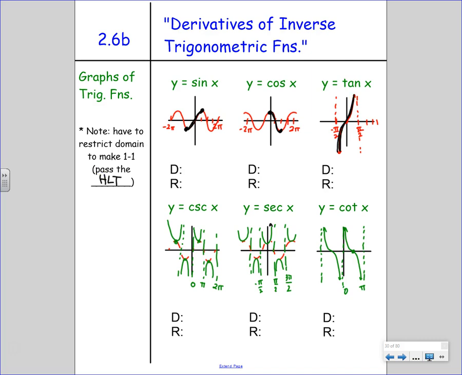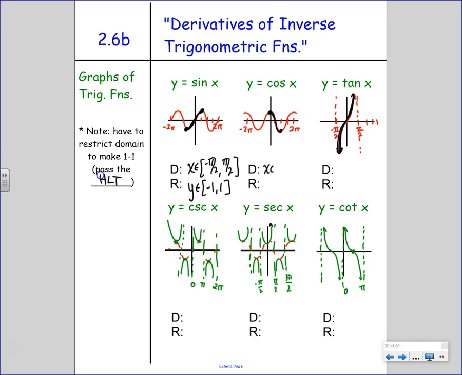We call them, last year, principal branches. And so we restrict sine to be angles between negative pi over 2 and pi over 2. And we know that sine, hopefully, goes between negative 1 and 1. Sine naturally doesn't get any higher than 1 or any lower than negative 1.